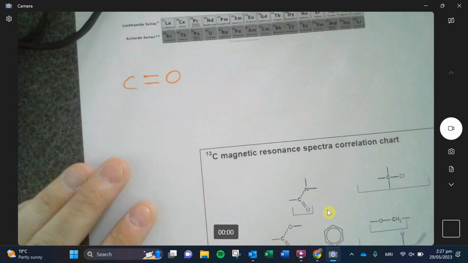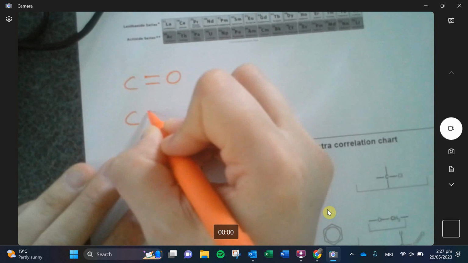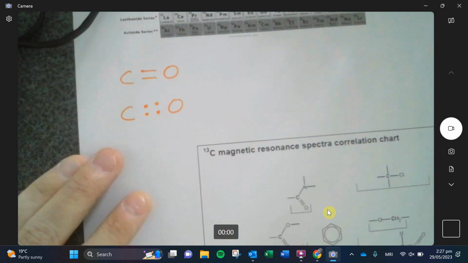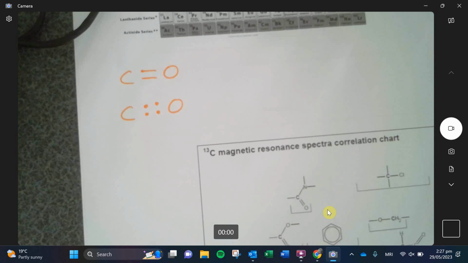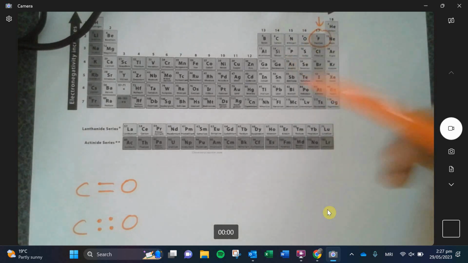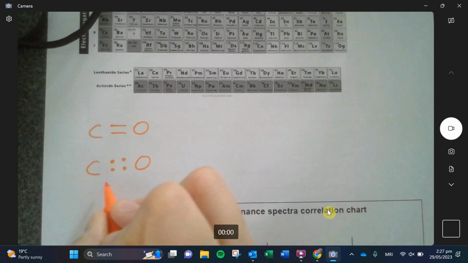Now, if I wanted to show these as electrons, I could actually show them as C with 1, 2, 3, 4 electrons. This is a little flashback to Lewis structures, I think. Now, when we're looking at our periodic table, oxygen's more electronegative than carbon. So oxygen's going to be pulling the electrons closer to it.